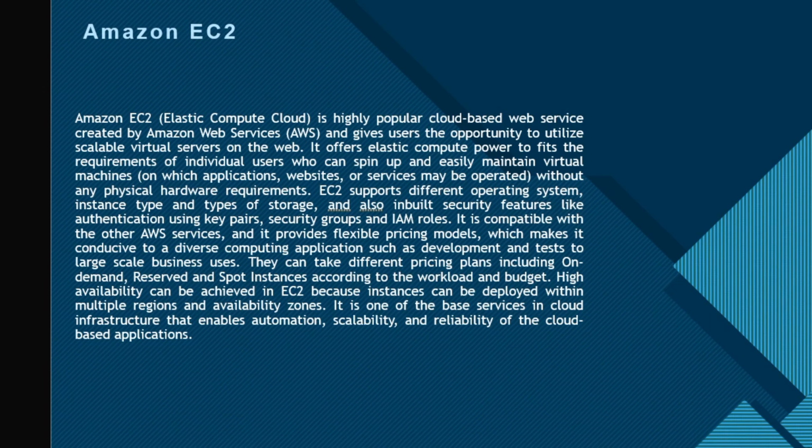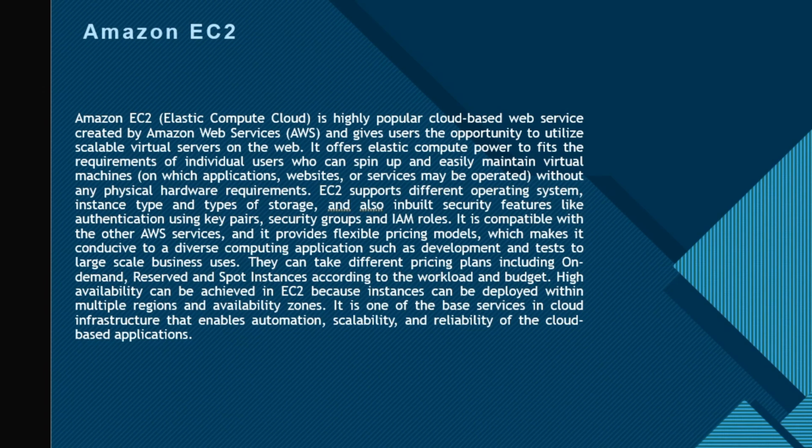It is compatible with other AWS services, and it also provides flexible pricing models, which makes it suitable for diverse computing applications, from development and testing to large-scale business use. Users can choose different pricing plans including on-demand, reserved and spot instances according to the workload and the budget.